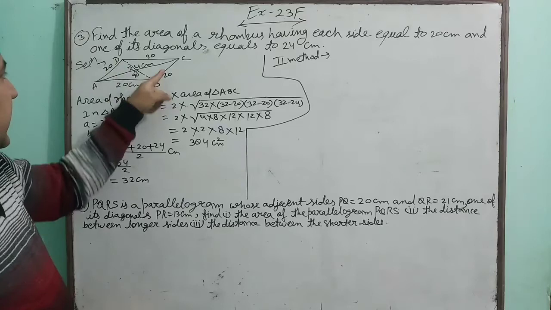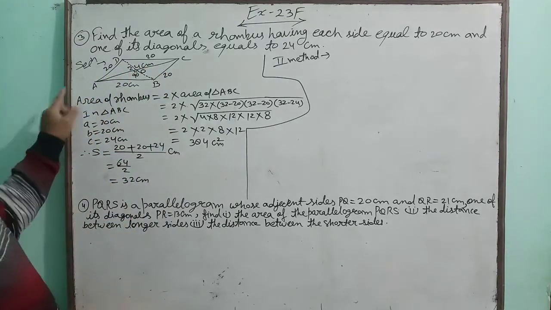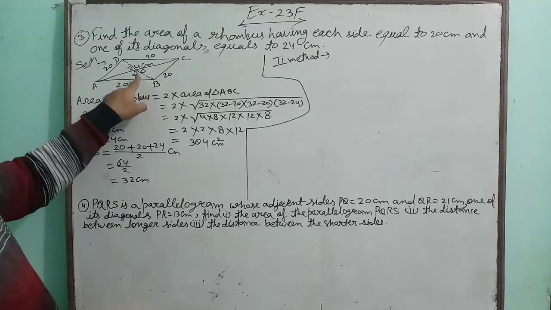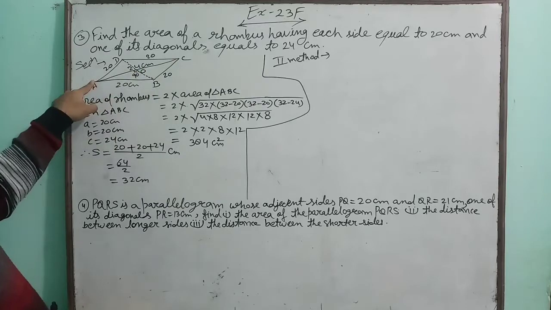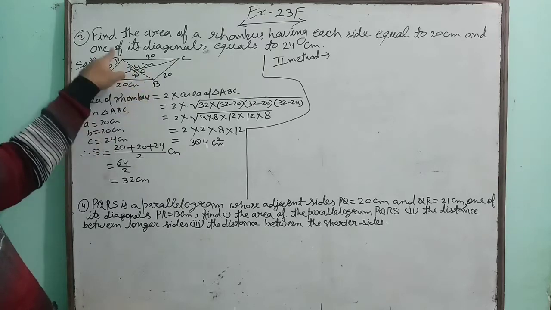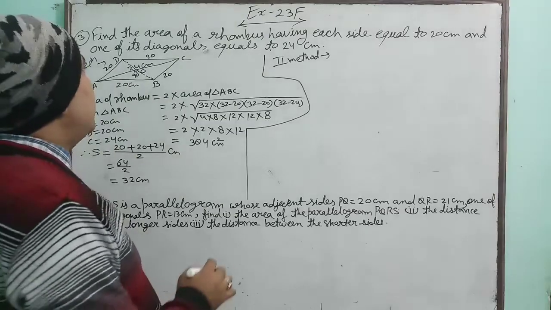If BD intersecting AC at O, suppose this point is O, then angle AOB will be 90 degree, and this AO will be half of AC and this OB will be half of BD. This property of rhombus you have to remember.